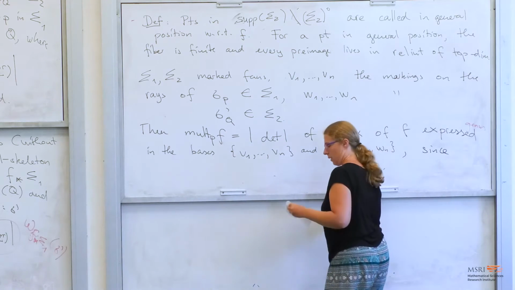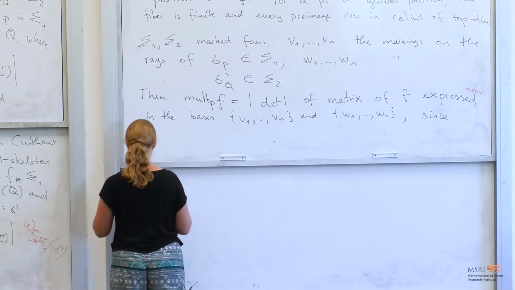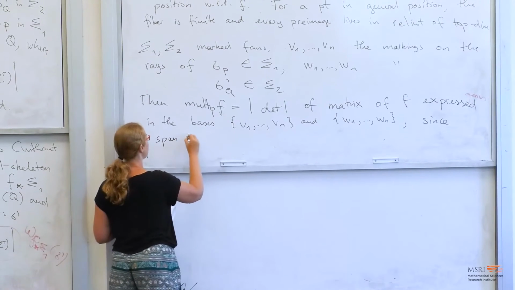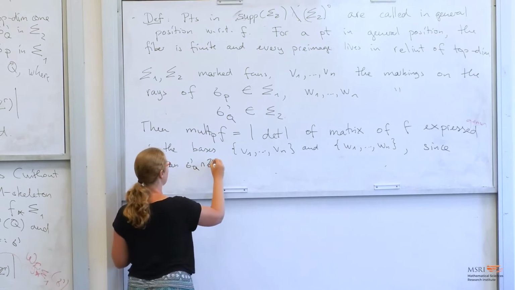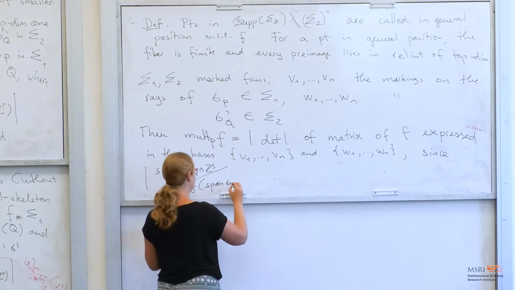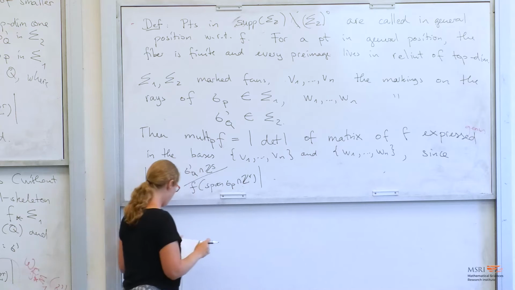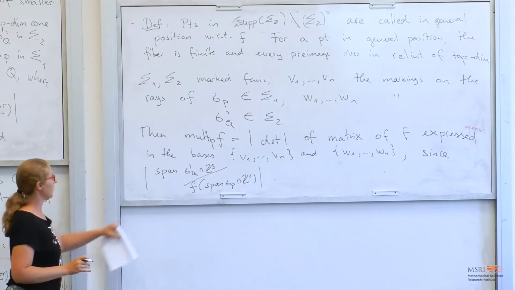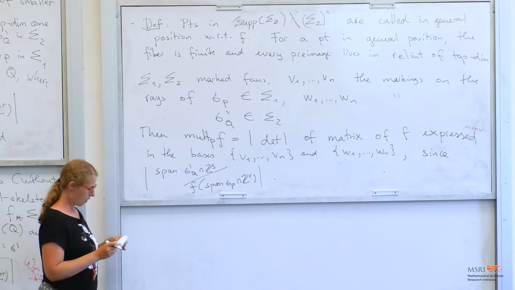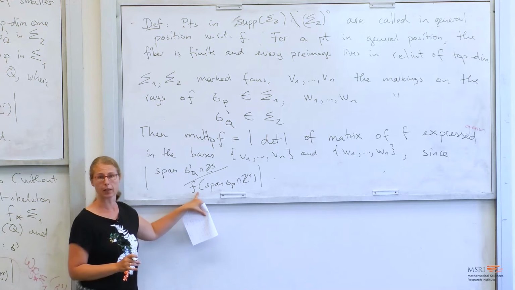Since this lattice index, the span of sigma q prime intersected with Z to the S modulo the image lattice f of sigma p intersected with Z to the R, is going to be the determinant of the matrix of f with respect to a lattice basis.